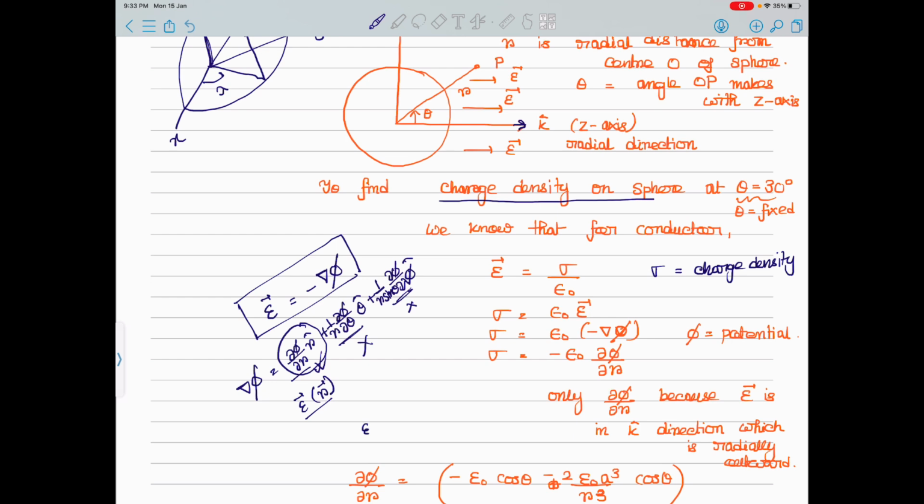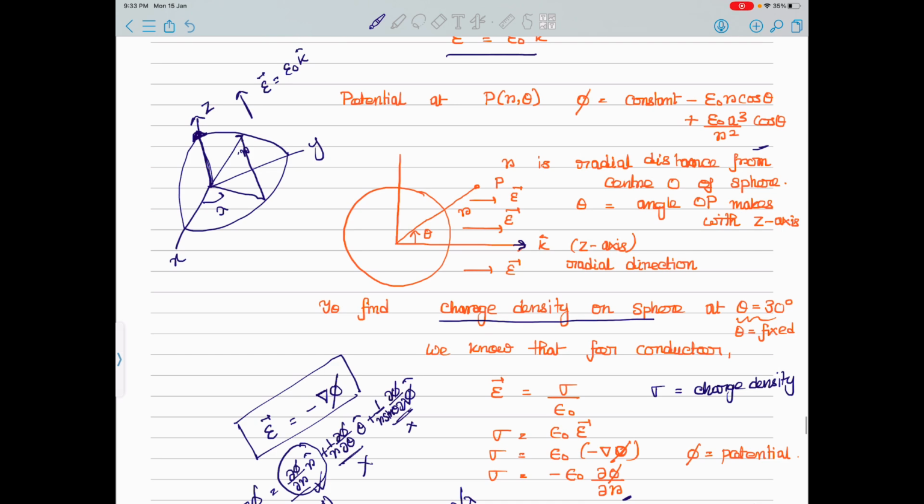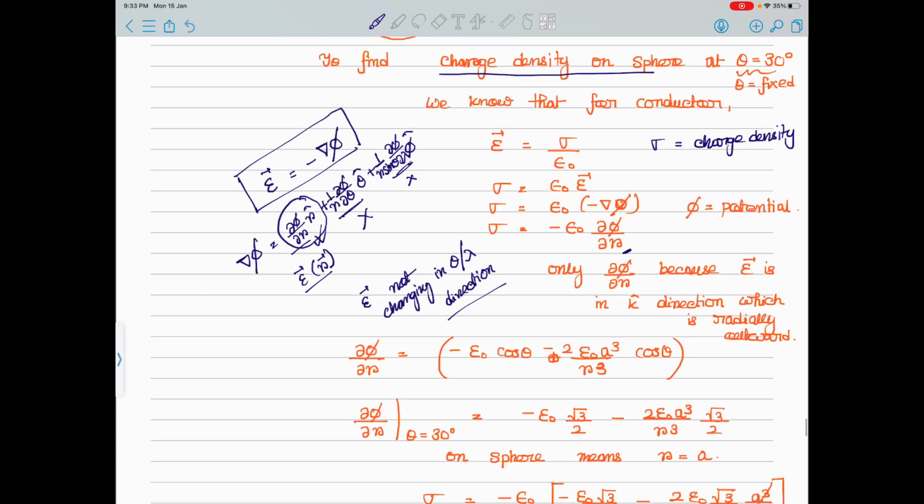So E is not changing in theta or lambda direction, therefore we are not using it. We will be using only delta phi by delta R. If we do that, we get minus E naught cos theta minus 2 E naught A cube by R cube cos theta. This is what we get by differentiating the potential with respect to R.